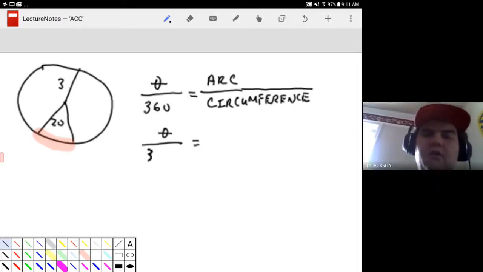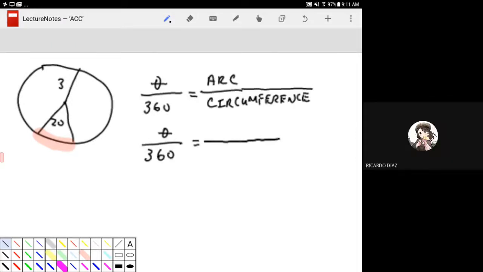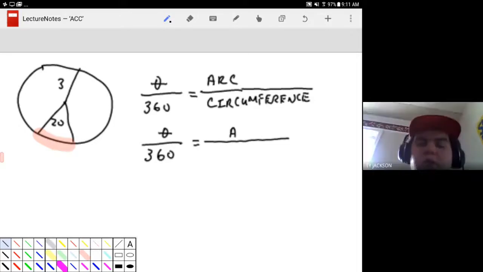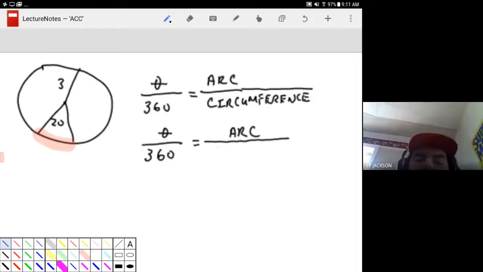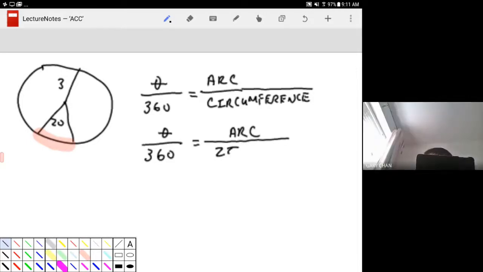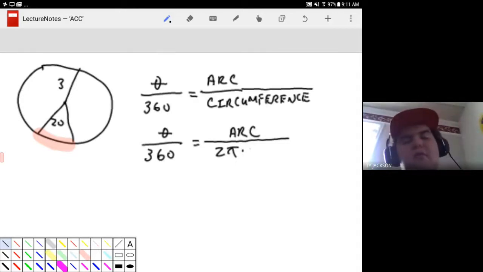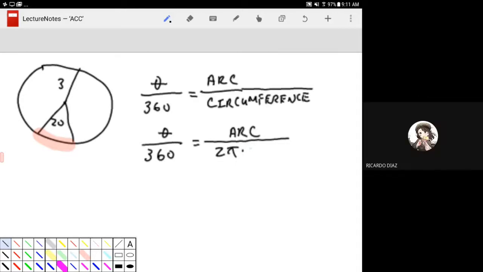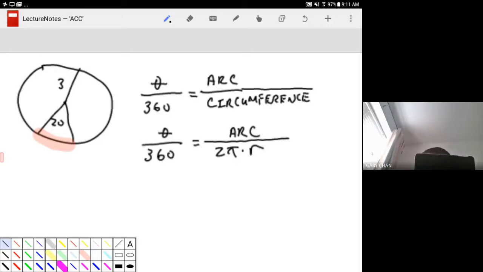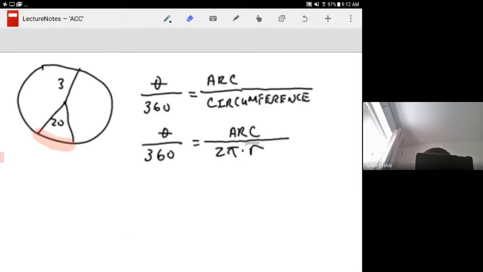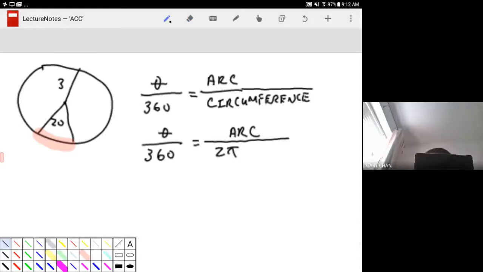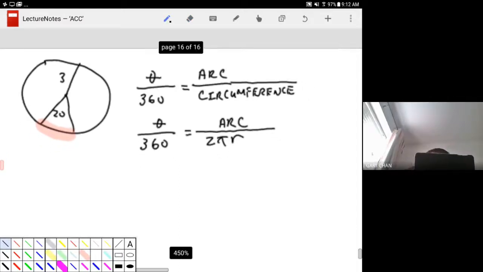The circumference formula would be 2 pi times how much? 2 pi times, is it 3 in this case? It is. That's right. It's 2 pi times r. So I'm just speaking in general here, right? So the formula for circumference is 2 pi r.